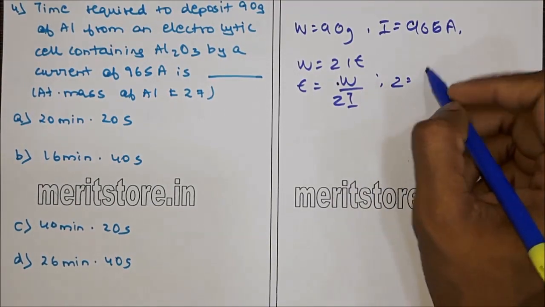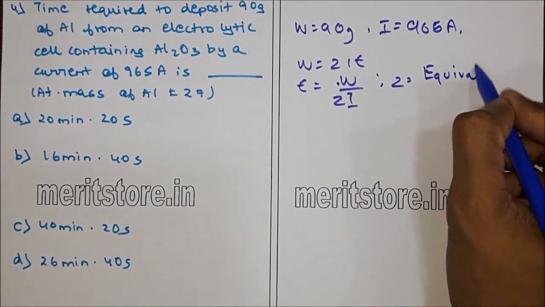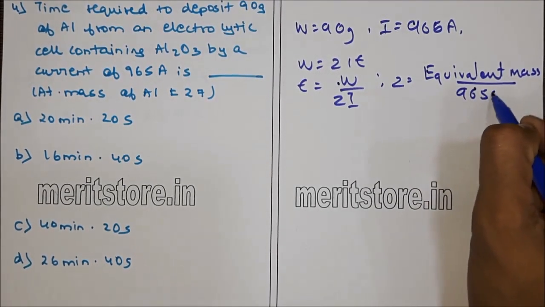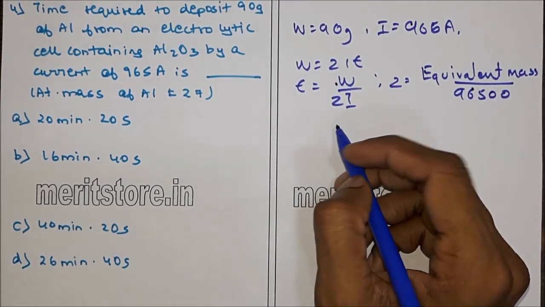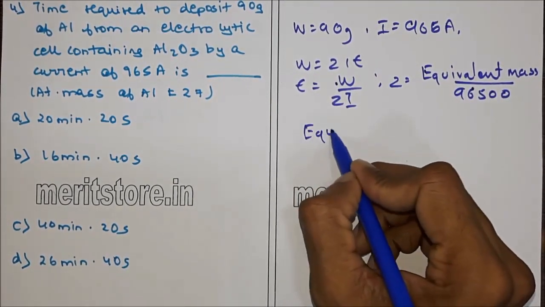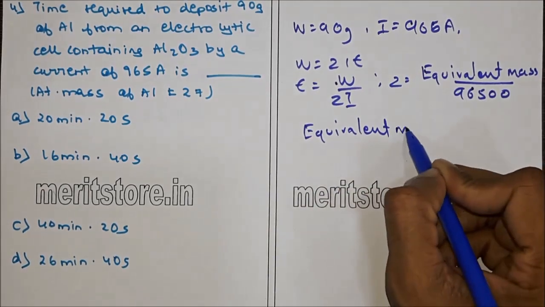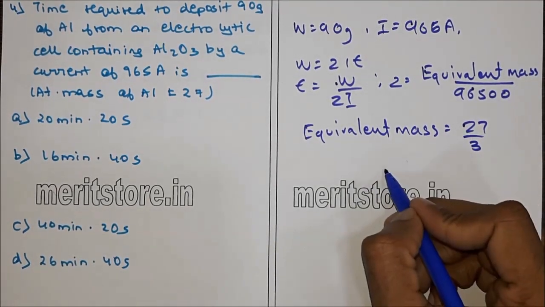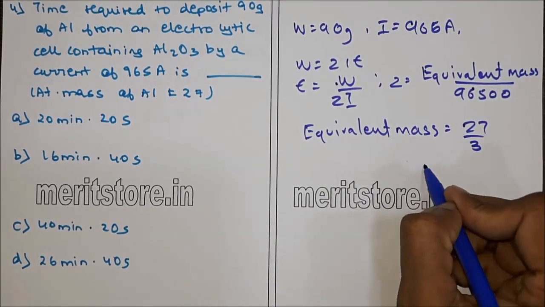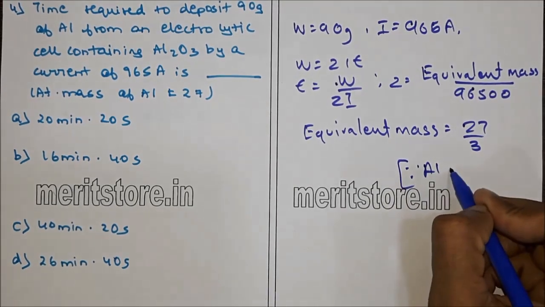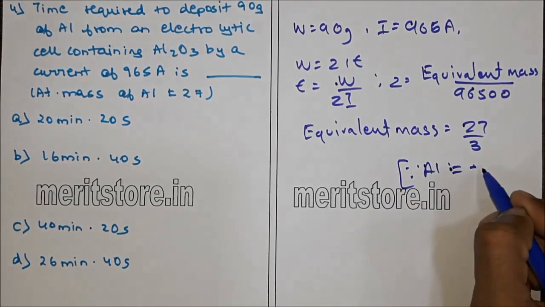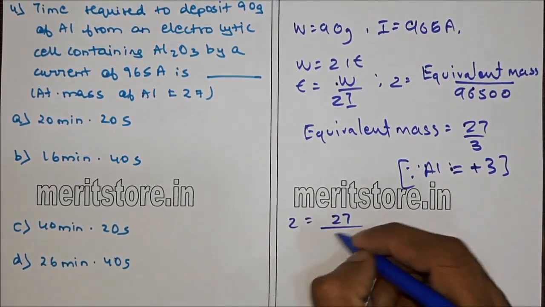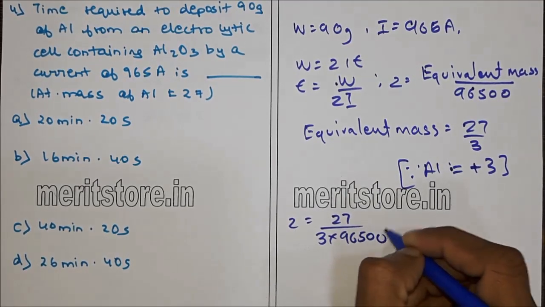where Z is equal to equivalent mass upon 96,500. For aluminium, equivalent mass is given as 27 upon 3. In aluminum oxide, aluminium is in plus 3 state. So therefore we substitute, we get Z is equal to 27 upon 3 into 96,500.